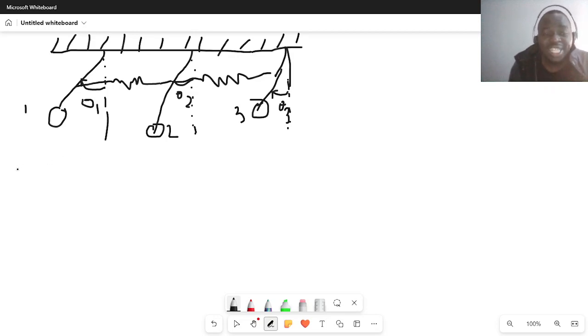So if I have to write this expression of kinetic energy, remember Lagrange is all about kinetic and potential energy. And this is the general formula of Lagrange's. Let me just write it down on the side so that you can see what's happening.